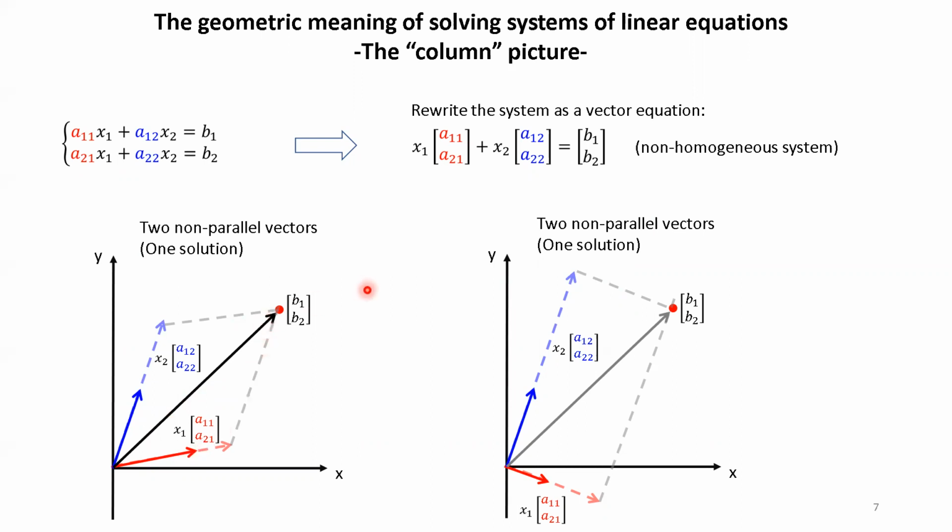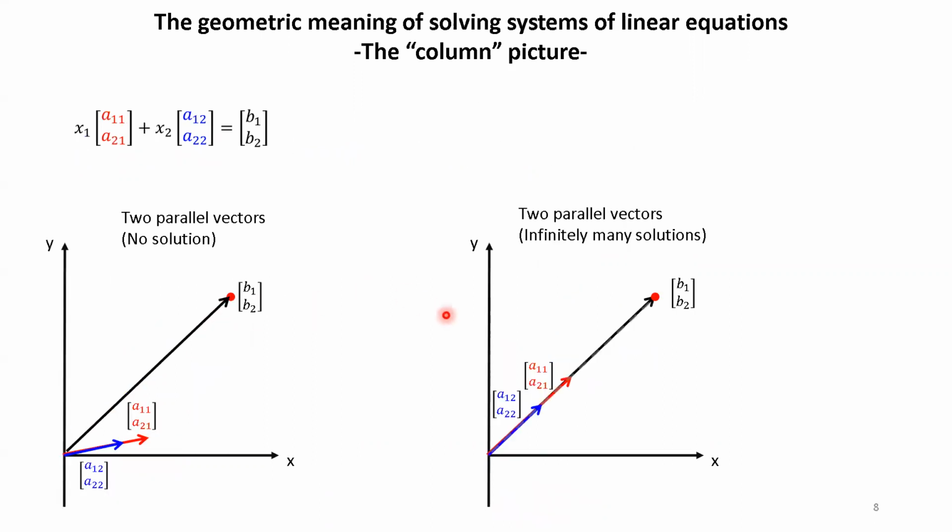So now let's look at the next case. Again, solve for the same vector equation, but this time you see that my red vector and blue vector are parallel to each other, and you can see that their direction is not the same as the direction of this black vector.